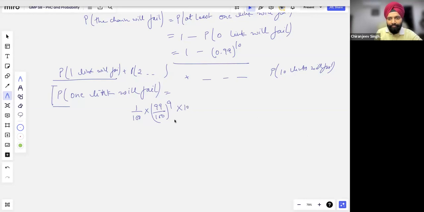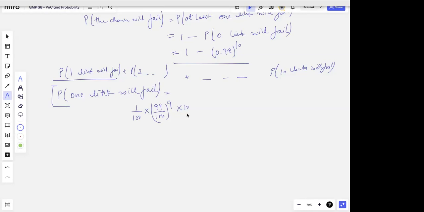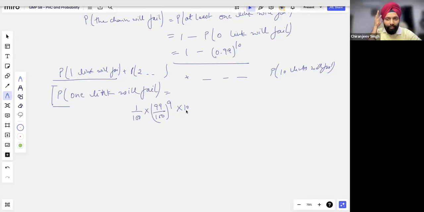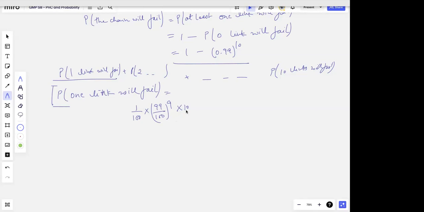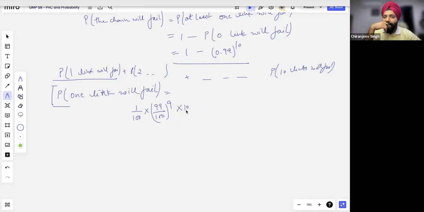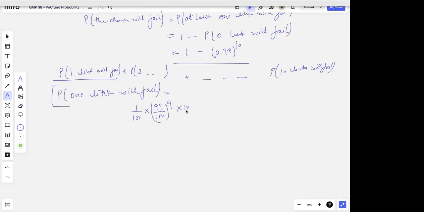Do you want to stick to your answer? Yes, I want to stick to it. So you're saying we have to multiply it with 10. Why multiply it by 10? Because it might be the first one, it might be the second one, so we have to consider all the 10 cases.